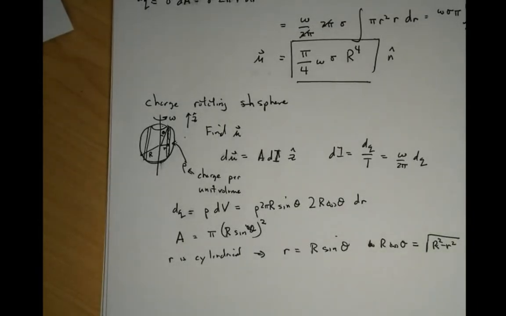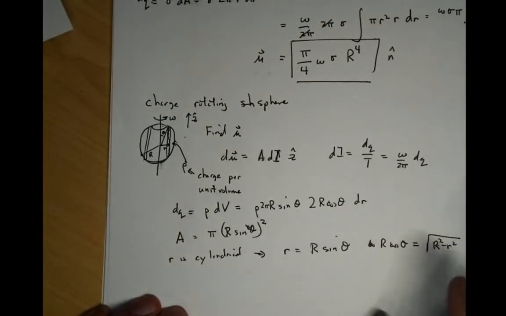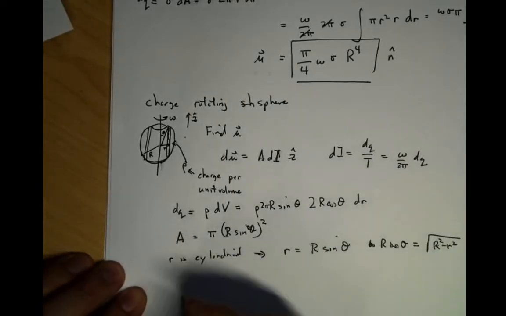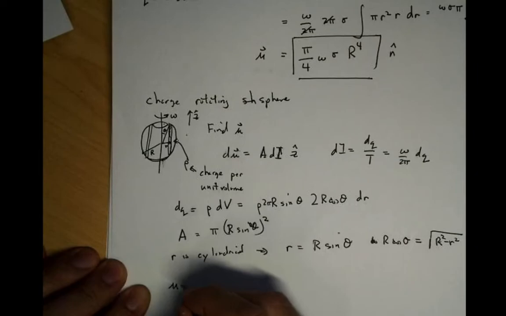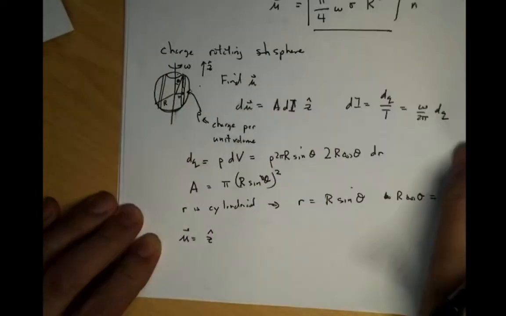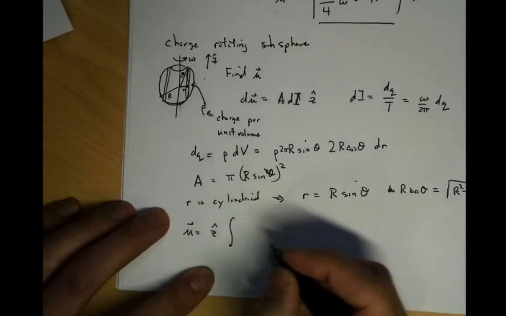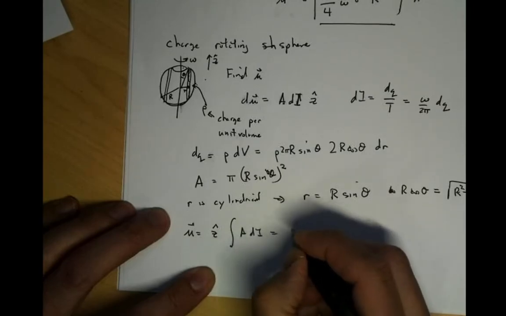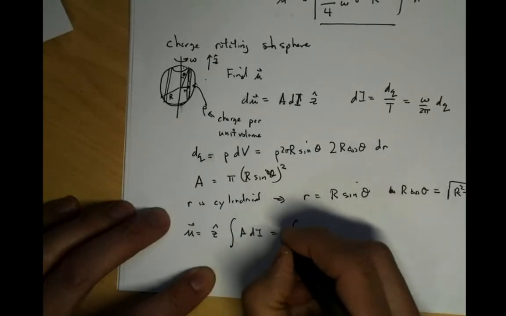Okay, beautiful, right? So now we literally just put it all together, right? So mu vector is going to be along the z hat direction, right? It's going to be some integral of basically a di. It's going to be some integral of, let's put everything together now, okay?